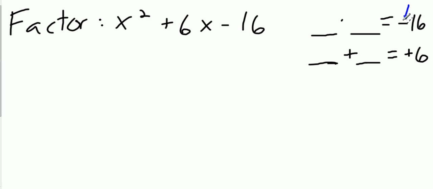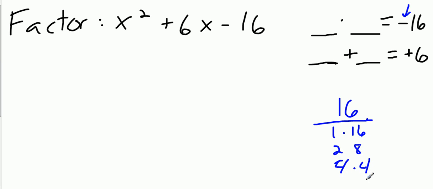Once you see you need to multiply to negative 16, you should have it in your head that you're subtracting. Right? So when we go to write out the factors of 16, 1 times 16, 2 times 8, there's no 3, but there's 4 times 4. Right?